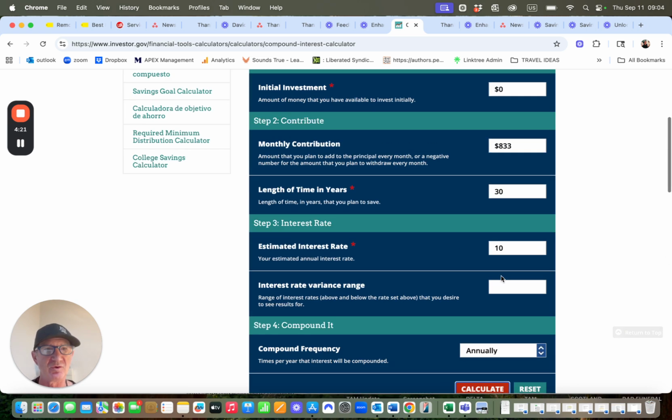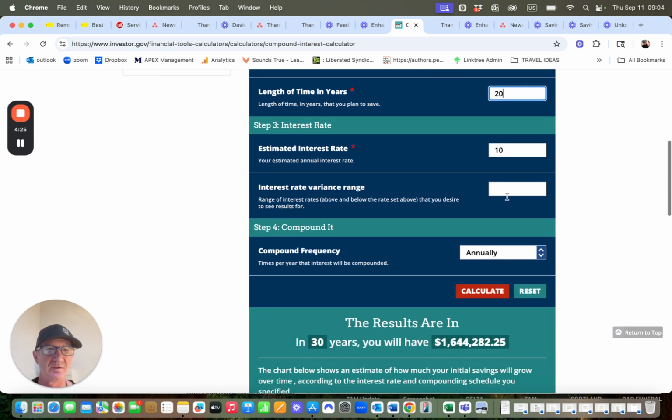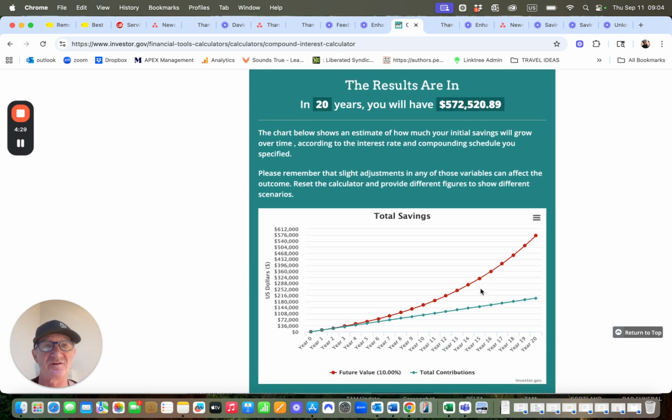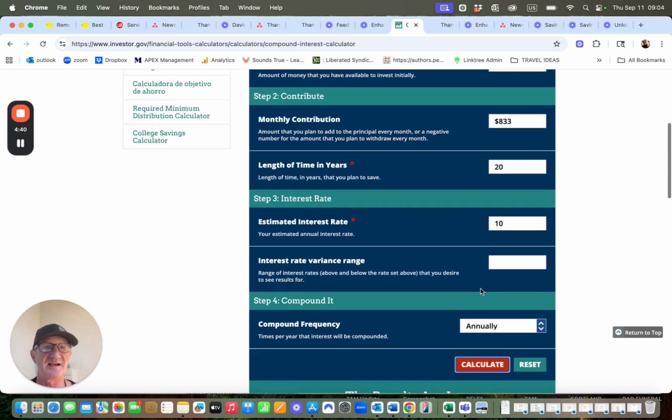What happens if you go to the length of time, which is 20 years? I'm going to depress some of you guys. Now it's worth $572,000. Let me tell you something. For anybody who's just getting started and you're in your 40s or your 50s, that is better than having nothing. All right, now let's take this rate down a little bit.